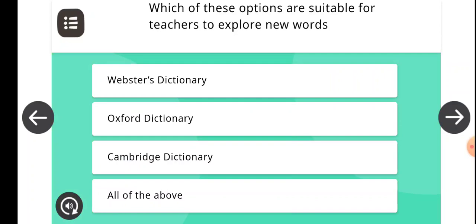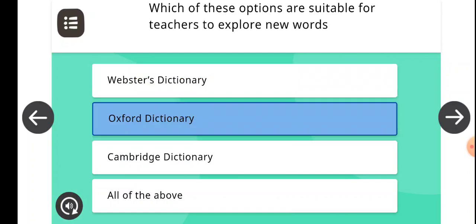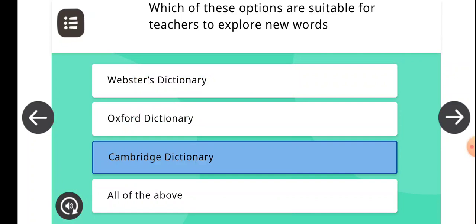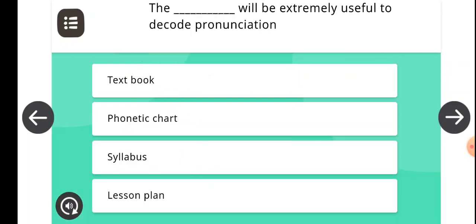Next, which of these options are suitable for teachers to explore new words? Without seeing the options, we can say that exploring new words happens through dictionaries. Here we have dictionaries such as Webster's, Oxford, and Cambridge. So all of the above is the right answer.